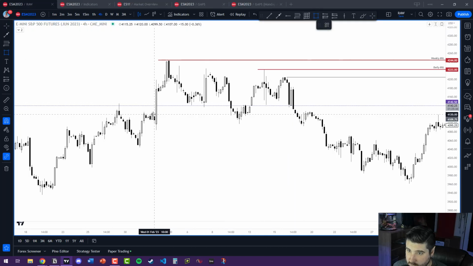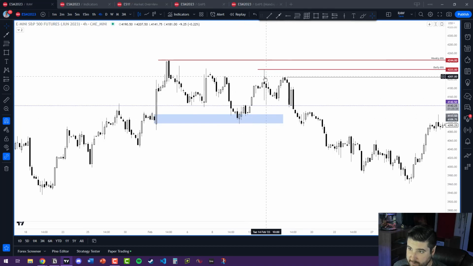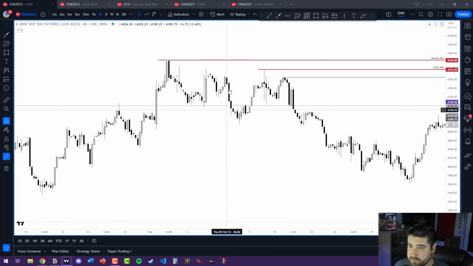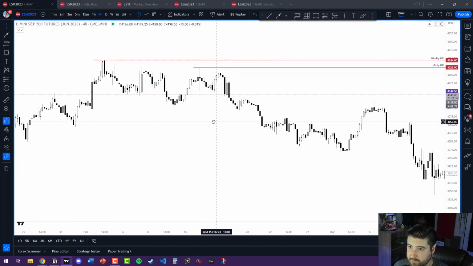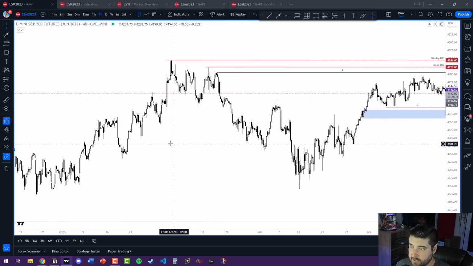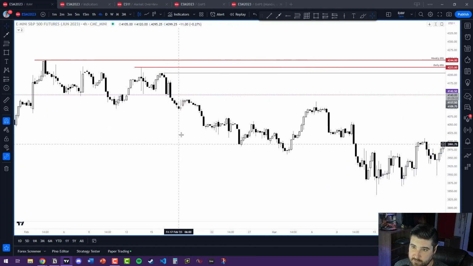You could see this order block was respected, bounced back up, looking to break above here. We did not. So those having two failed runs going up to the buy side, you could almost guarantee that price is now going to switch to that short-term downtrend. And that is exactly what we did. So once we got through this area, you'd be looking for sales.